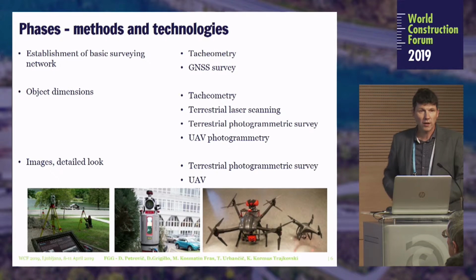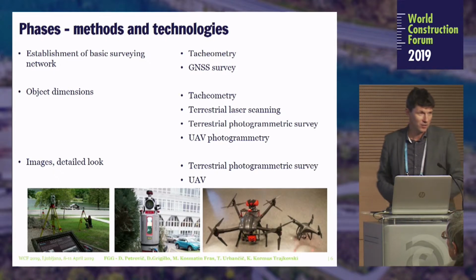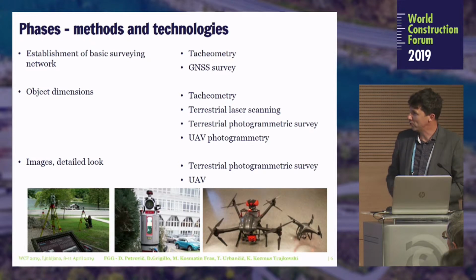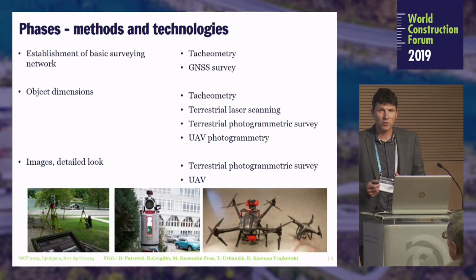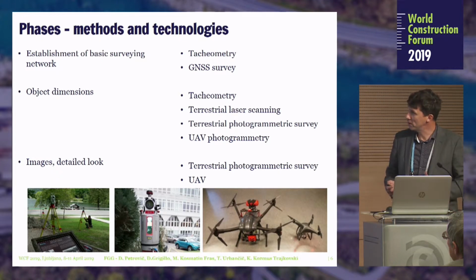So there are quite a lot of possible technologies we can use for different processes, different phases in preparing documentation. First of all, one task which is usually not really known to others is the establishment of the basic surveying network.